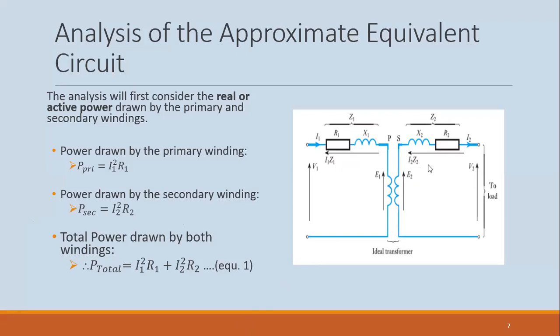All right. So going back to the question you were asking about why we refer, basically what you have here is two windings across the core, and what we want to do now is to see if we can simplify. So we have two sets of impedance, a primary set of impedance and a secondary set of impedance.